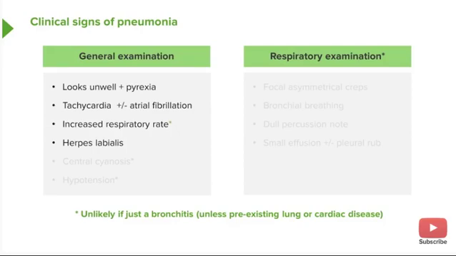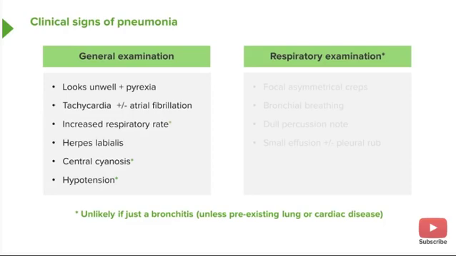And if they have significant hypoxia, then they'll have central cyanosis. And pneumonia is a relatively common cause of acute septic shock, so they might have hypotension as well. And occasionally patients have atrial fibrillation because acute lung infections are one cause of temporary atrial fibrillation. So that's the general examination.